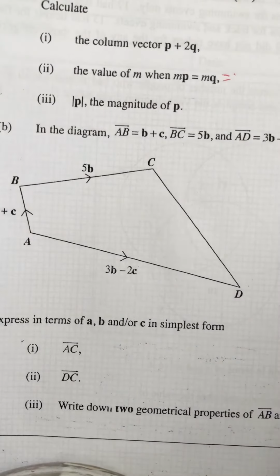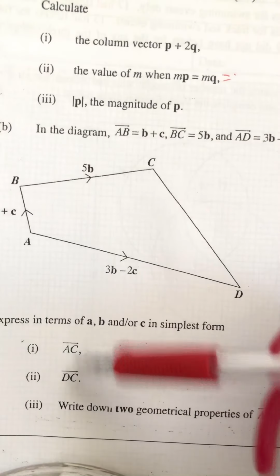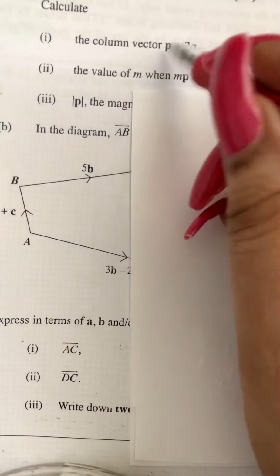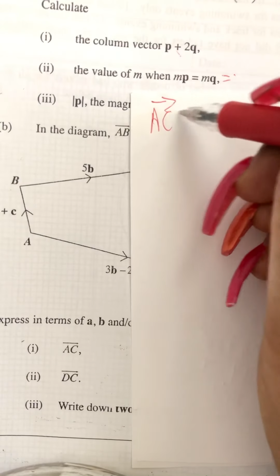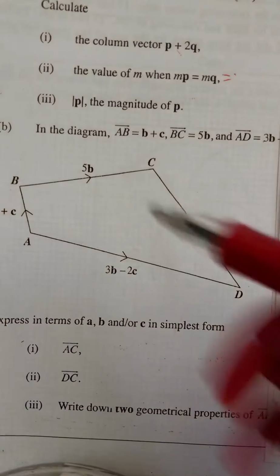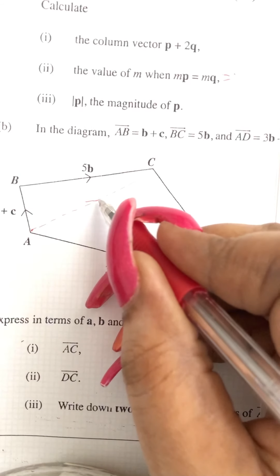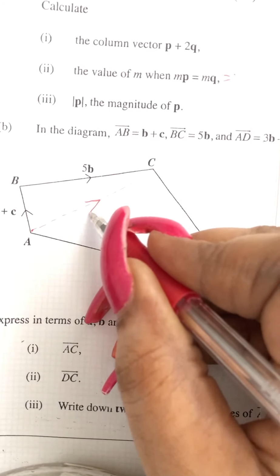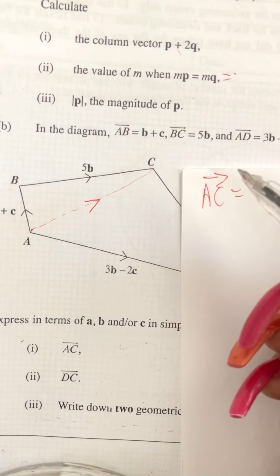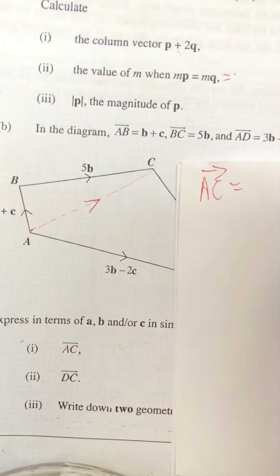Good? Let us look at our quadrilateral. This diagram is going to be used to answer the next 3 questions. My first asks me for vector AC. My vector AC will be equal to AB plus BC.